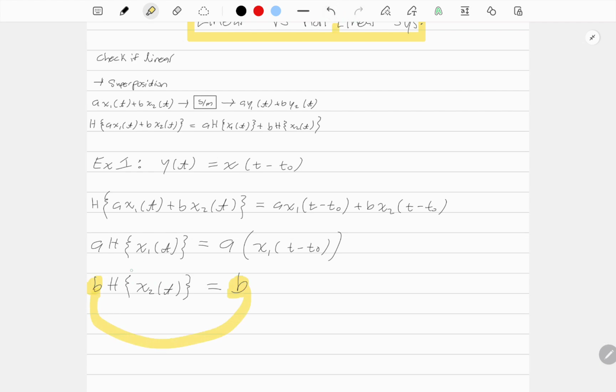So apply the system and you'll get x2, and then what does the system do? It replaces t with t minus t naught, and just substitutes the whole thing, so you get t minus t naught, and that's it.